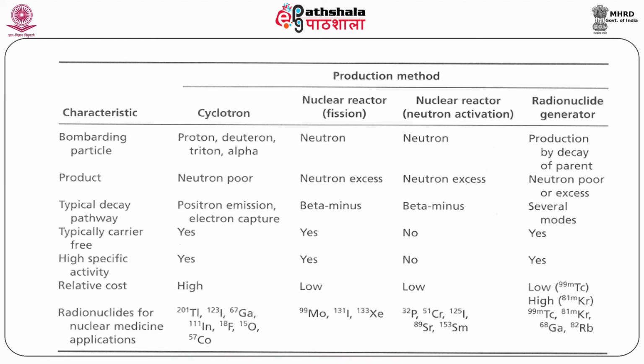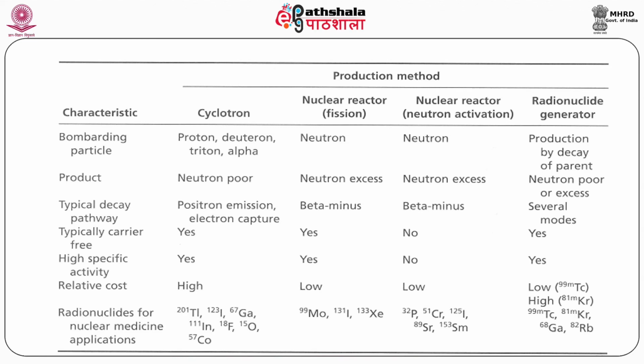Some kind of carriers are produced while the activation is taking place. In generator, yes, it is carrier free. When we talk about activity, whether it's high specific activity or not, cyclotron gives high specific activity, reactor gives high specific activity in case of fission, but not in case of N-gamma reaction when neutron activation takes place. And generator, yes, it is high specific activity.